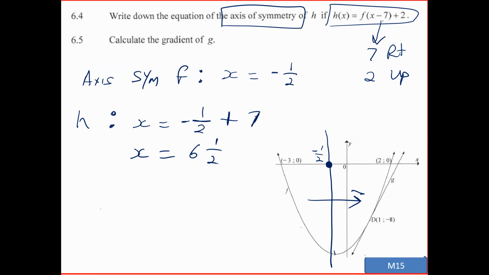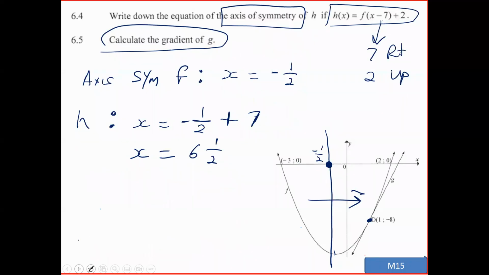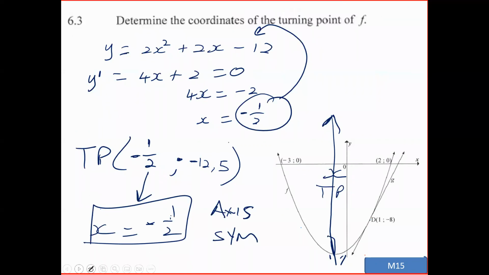The last question is to calculate the gradient of g. So this is g, the straight line, and actually that's a tangent. Now, how do we find the gradient of the tangent? Very simple. If you got the equation, let's get back to the equation. So y is equal to 2x squared plus 2x minus 12.